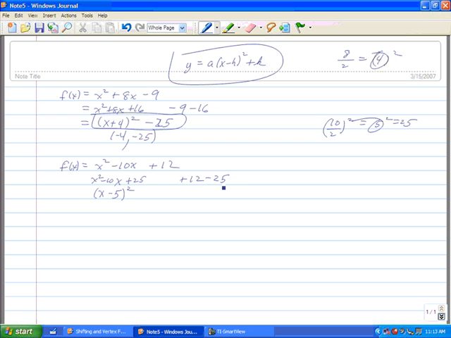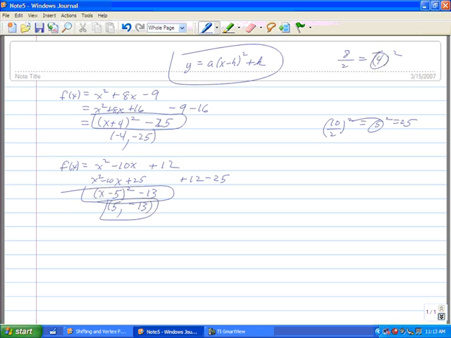Now 12 minus 25 is going to be a minus 13. So again, the minus means right, not left. The minus here means down, not up. And so your vertex will be at (5, negative 13). And you've got it in vertex form, so you can easily see the location of your vertex.